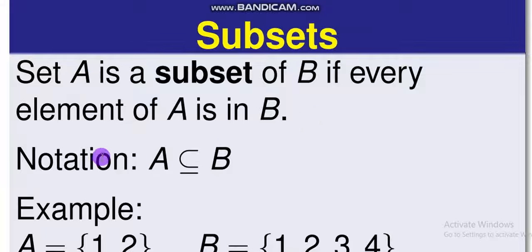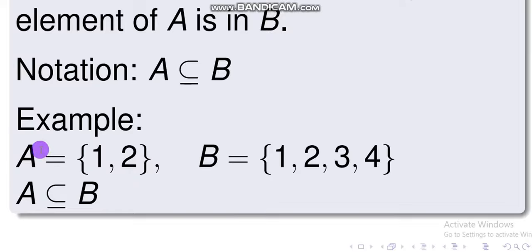Now, how do we show that in set notation? This is how it is written, and it's read: A is a subset of B, meaning all the elements of A are found in set B. Example, set A has this element 1 and 2, and set B has this element 1, 2, 3, 4.